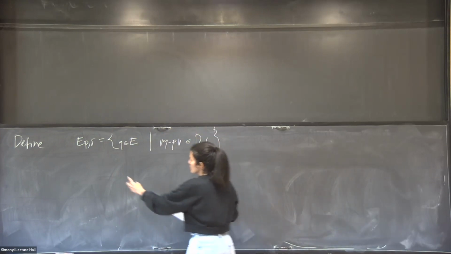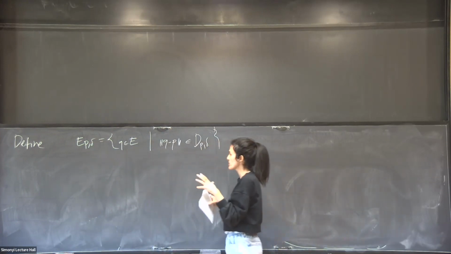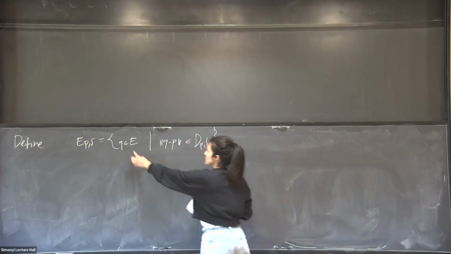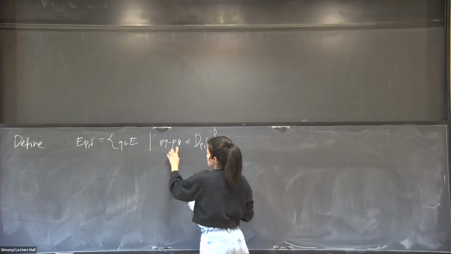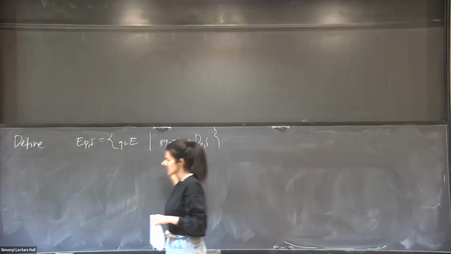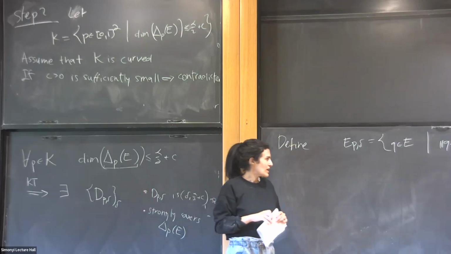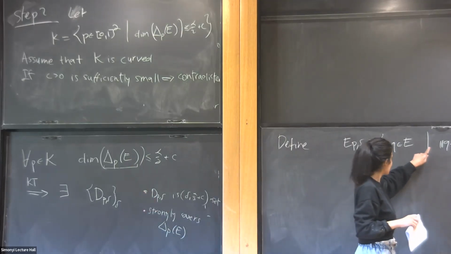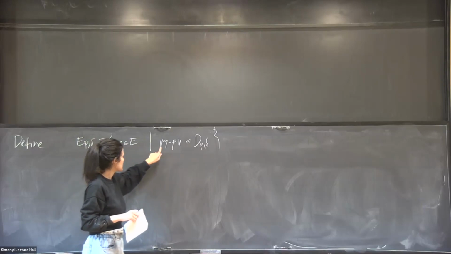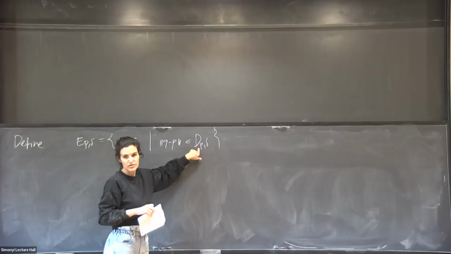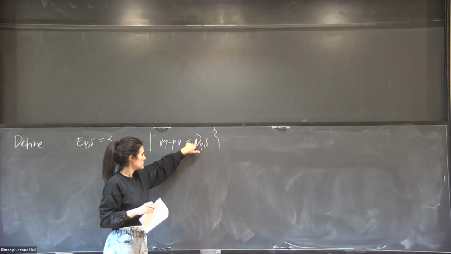So now little p is fixed, and we look at all the points Q such that the distance between Q and P, we know that this distance is in the distance set of P and E, right? But let's take the subset of the points such that this distance is in this element of the covering, so D_p delta.